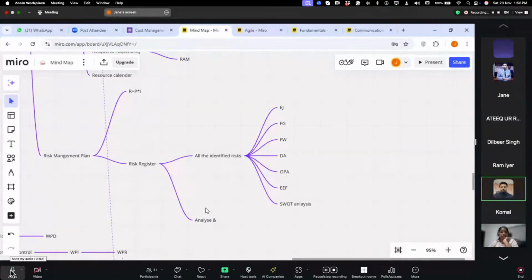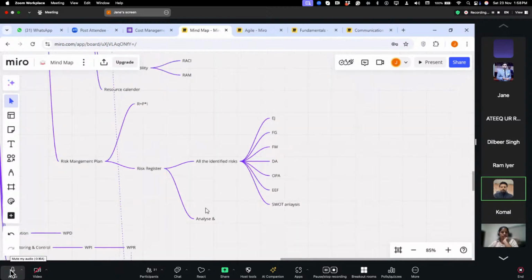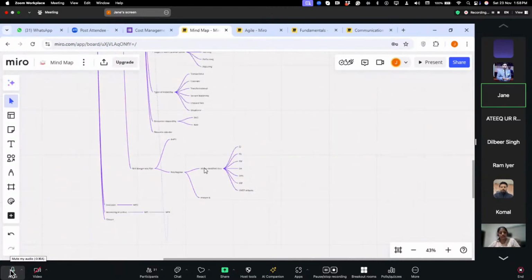Then we have to analyze risk. We need to document different risk responses, and based on those responses we do all the work. That's as much as we were able to do.